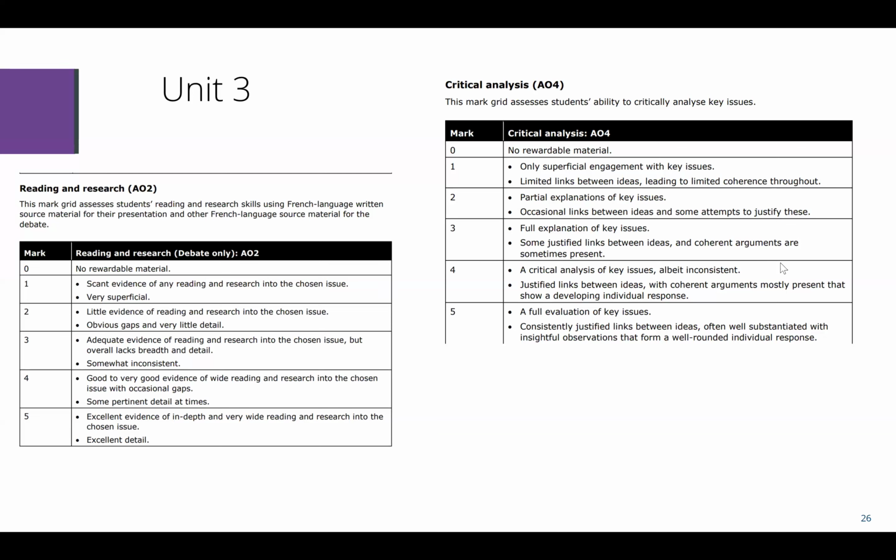Yes, I'm looking at a German one. It says technology in the German-speaking world. So it can't just be technology anywhere. It has to be technology in the German-speaking, French-speaking, Spanish-speaking world. So if they don't ground it in that, if you don't ask them questions that make them dig into what's happening in Germany or wherever, then they will not be able to get full marks there.